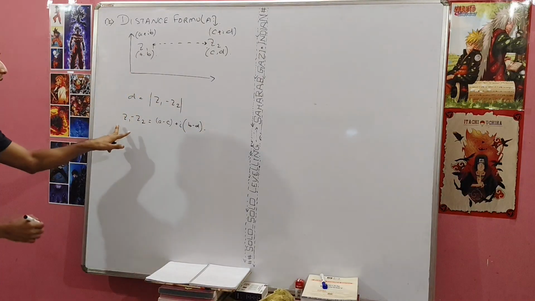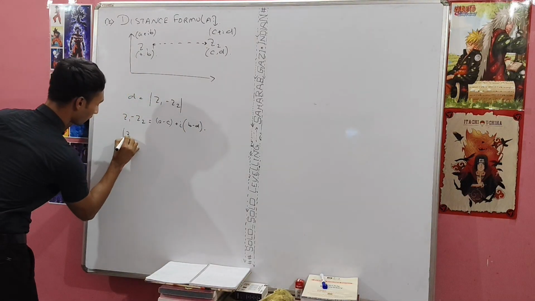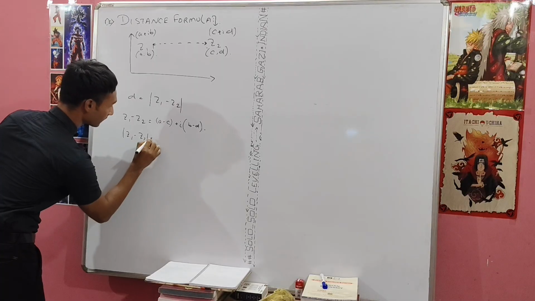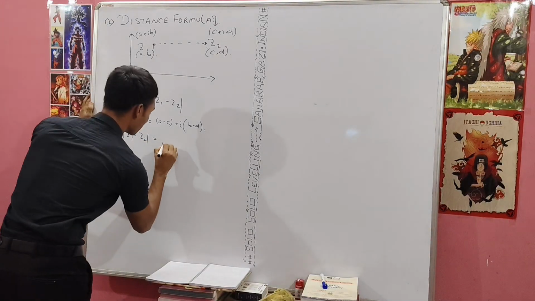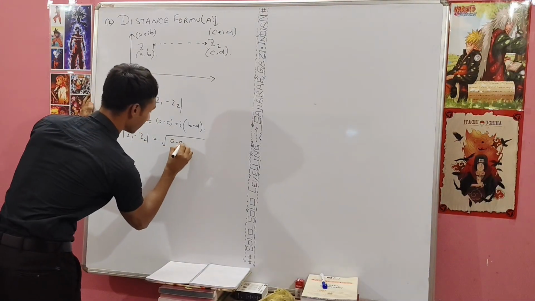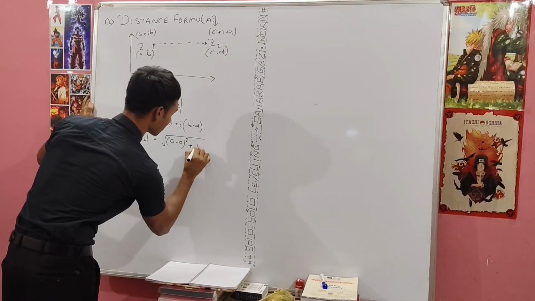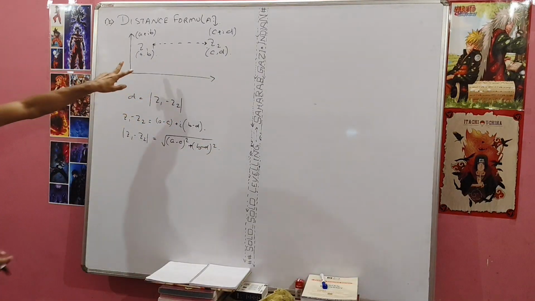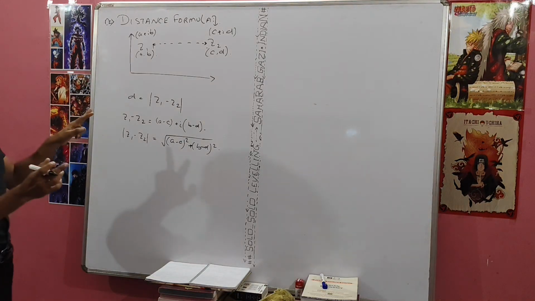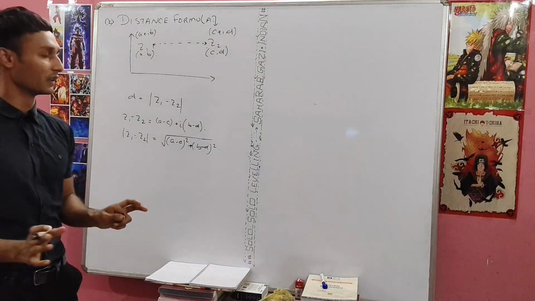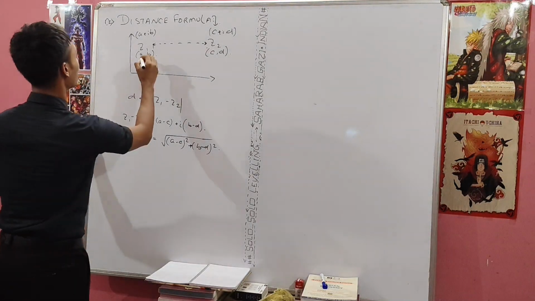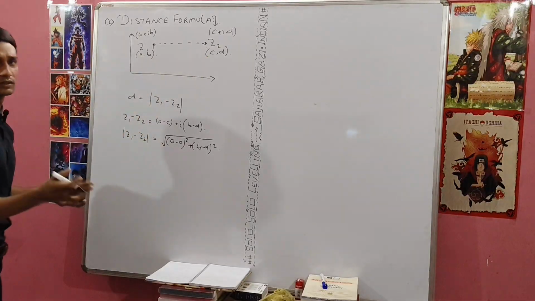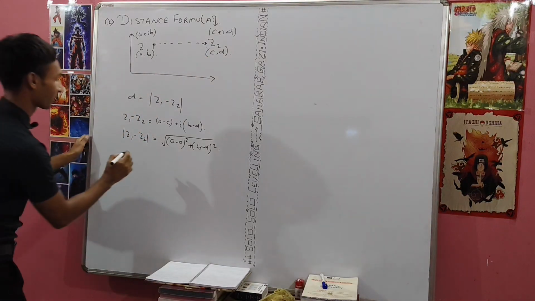Now if we put mod here, |z1 - z2| is equal to the square root of (a - c)² + (b - d)². This is the same as the distance between two points in any geometry. Okay, and this is also these 2 points, so that's fine.